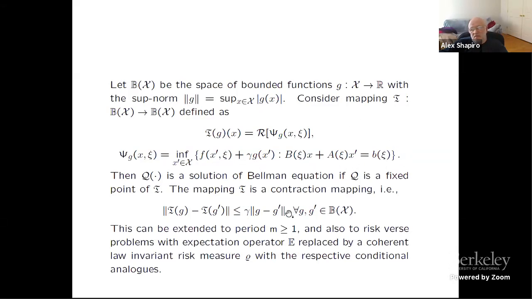And then by more or less standard methods, it's possible to show that this is a contraction mapping, where this is the discount factor, with respect to the sup norm. Because of that, if one defines an appropriate space of bounded functions, it has a unique fixed point, and one can think about that in the classical way.